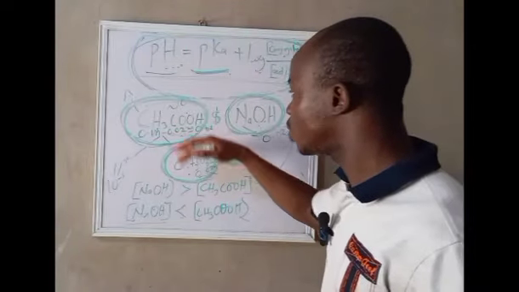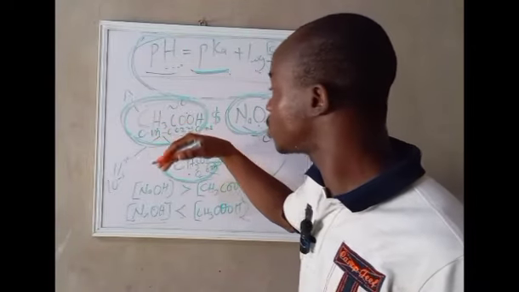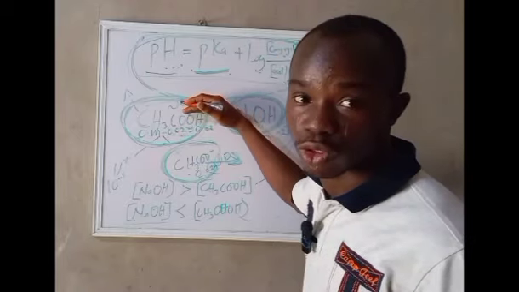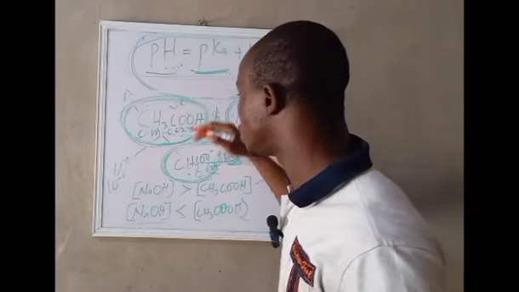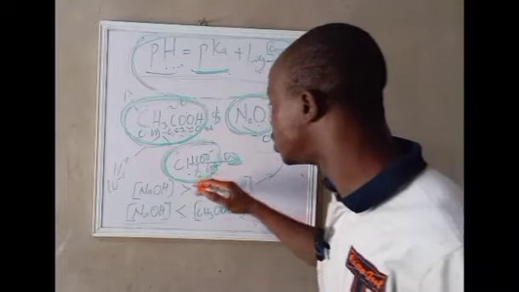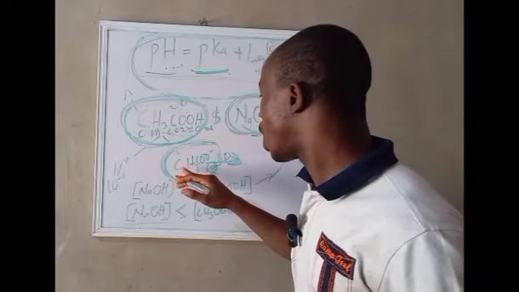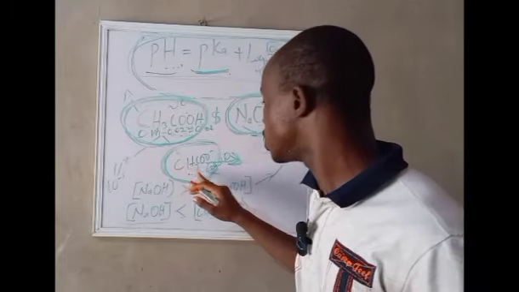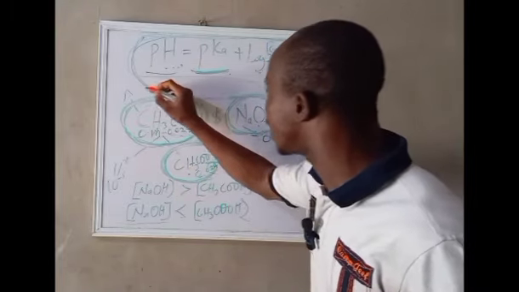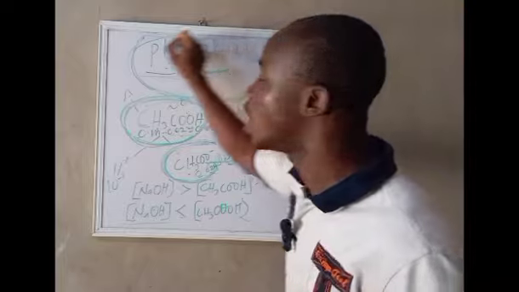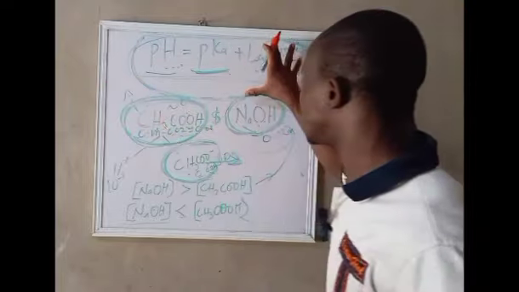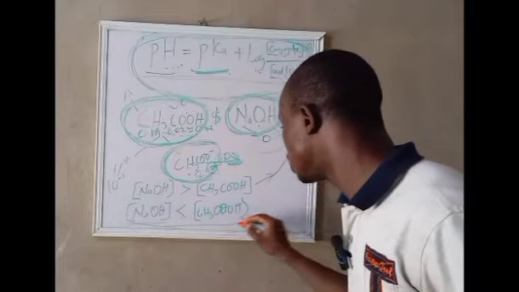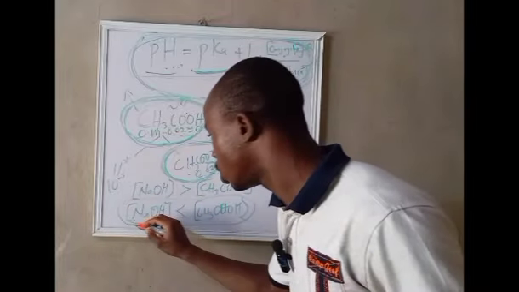So in this case you are having a reasonable concentration of this weak acid, which is 0.08, and the concentration of this conjugate base is 0.02, and that makes this formula applicable. This formula, like I said earlier, is only applicable if this is true.